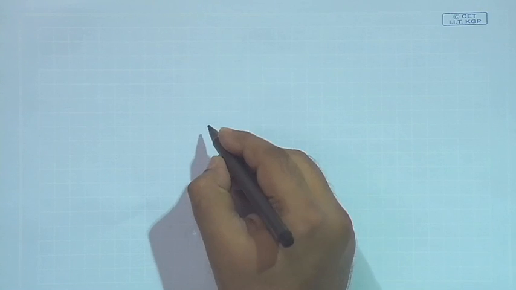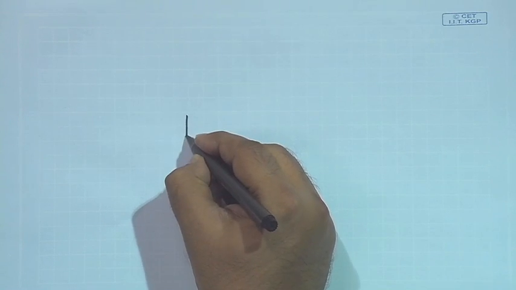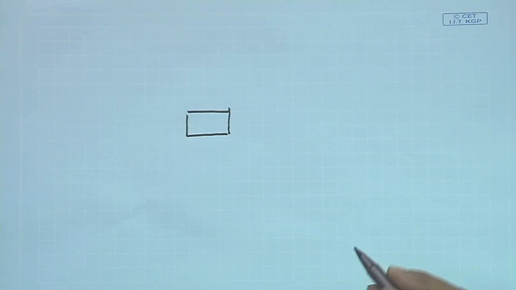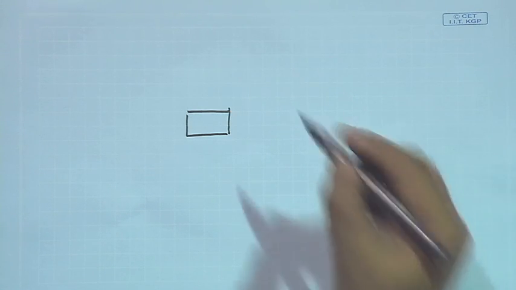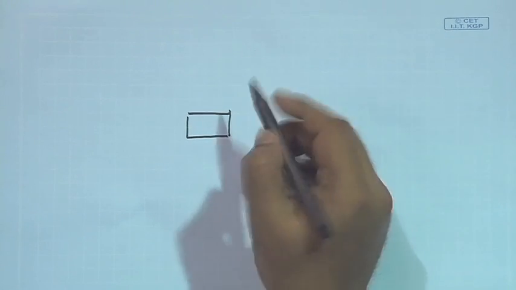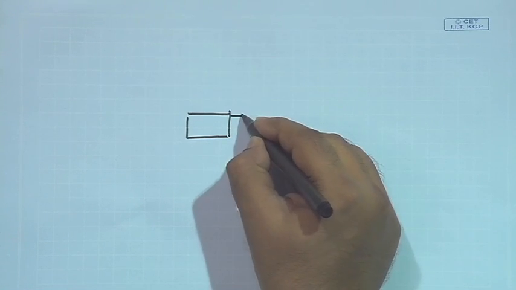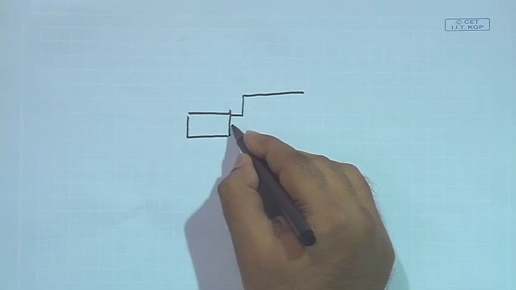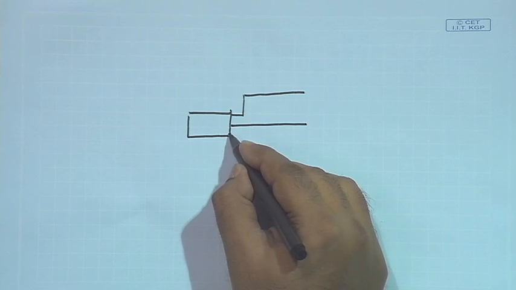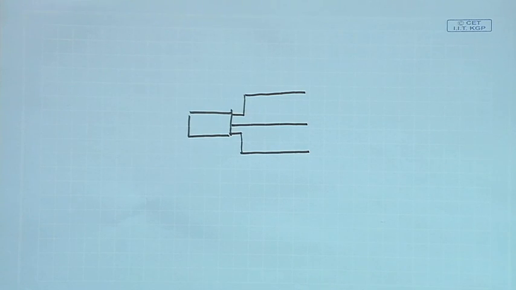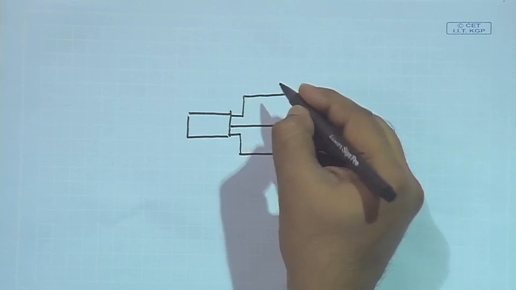We need to first of all make a decision point. So, this is our decision point. At this decision point, basically three arrows will be emanating from here. What are they? These are our three alternatives.